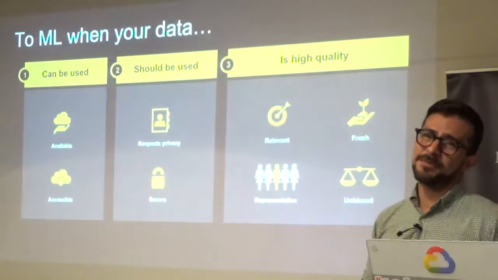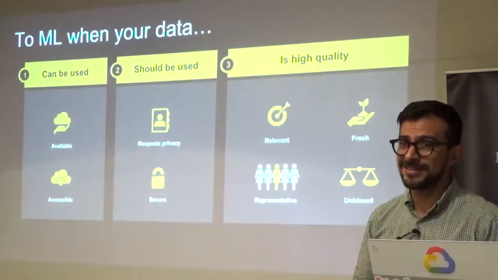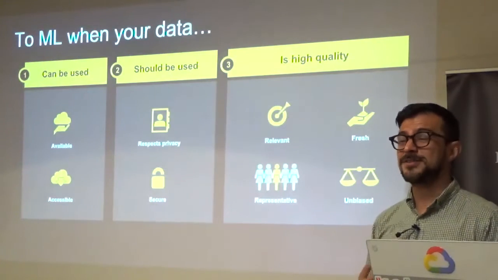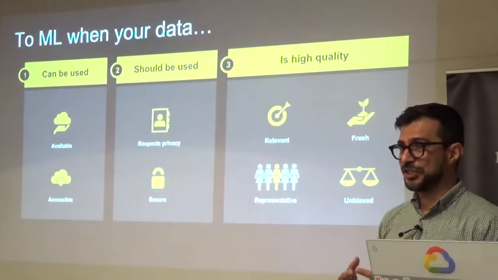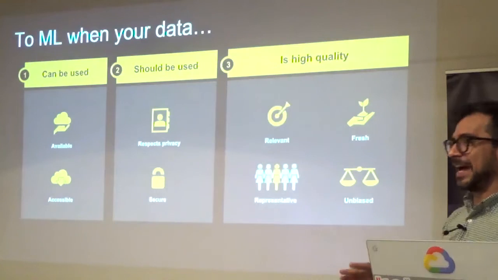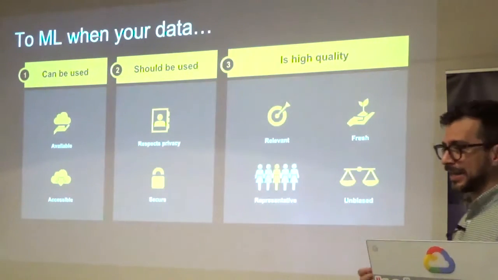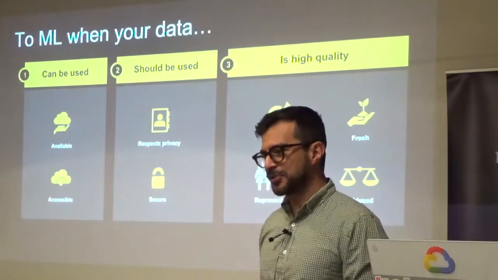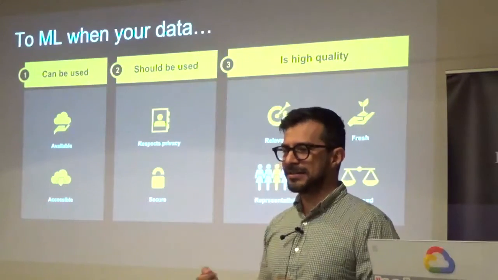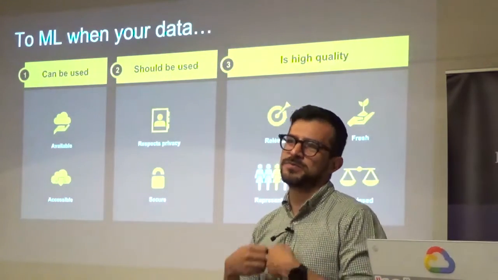And the other one, one of the most important, is that it should be unbiased. And there are so many biases in machine learning that I will talk about later. But again, is the data that you're capturing really capturing what customers are doing, right?